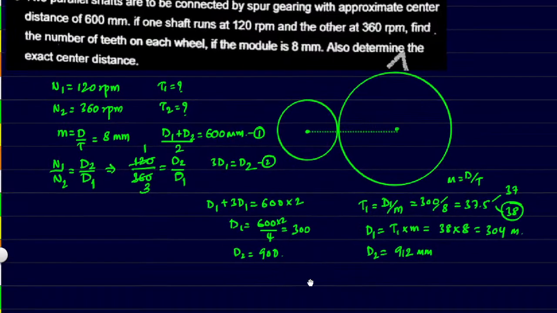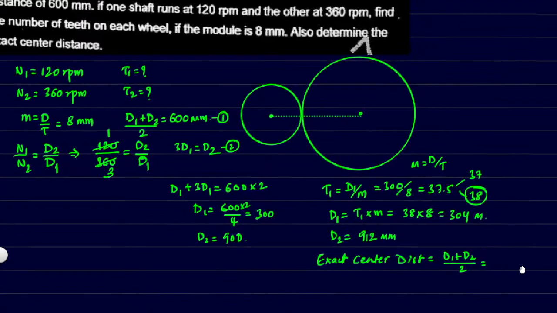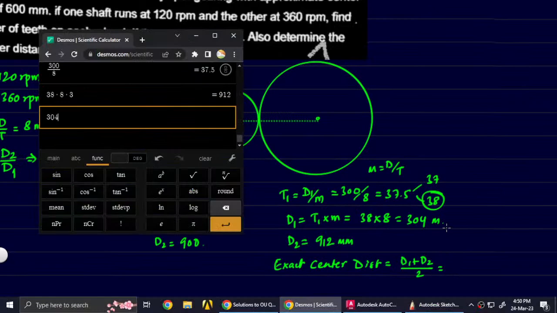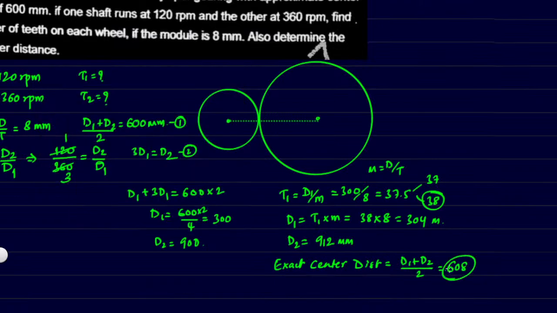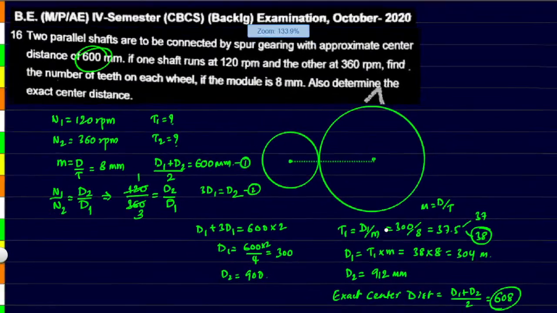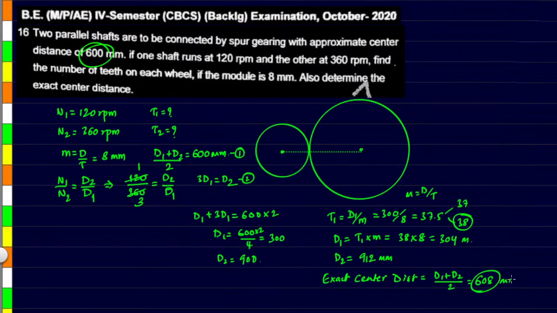Now the exact center distance will be the exact values of D1 plus D2 divided by 2. So we get 304 plus 912 divided by 2, so 608. The approximate value given to us was 600 mm, but the exact value is slightly different. That's coming out to be 608 mm.